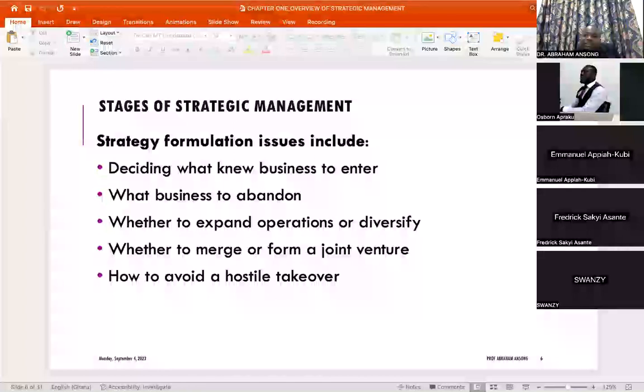So part of strategic decision is to let go of that particular division or that particular type of business. So if you're into strategy, it is not always about entering into new businesses. Sometimes strategic formulation could involve abandoning a business that is not profitable or that is causing you to run at a loss.